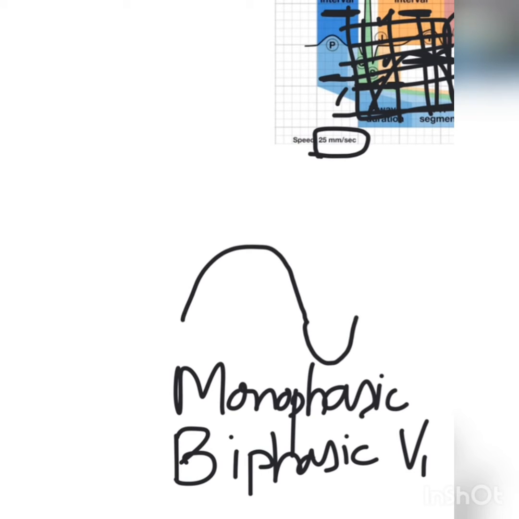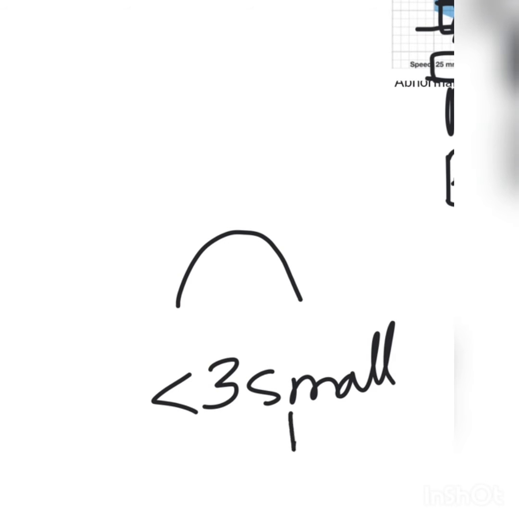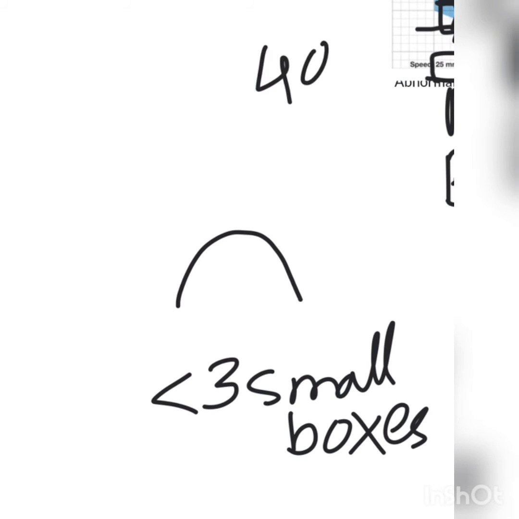Now the P wave. What is the normal duration of the P wave? It is less than 3 small squares. One small box was equal to 40 milliseconds, you remember?